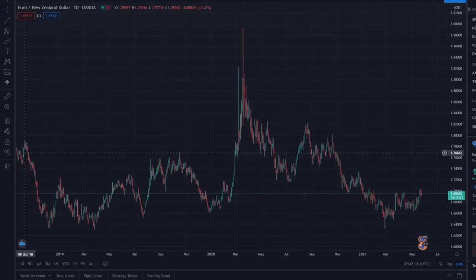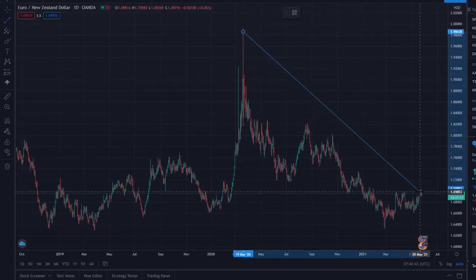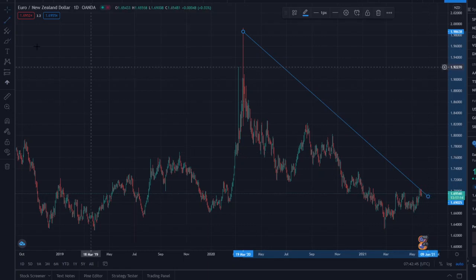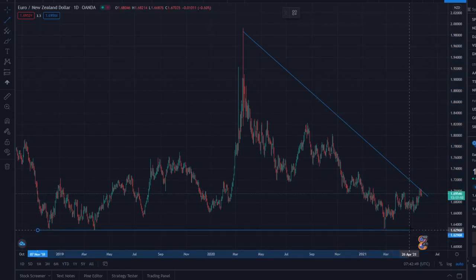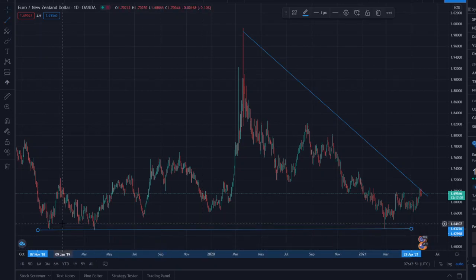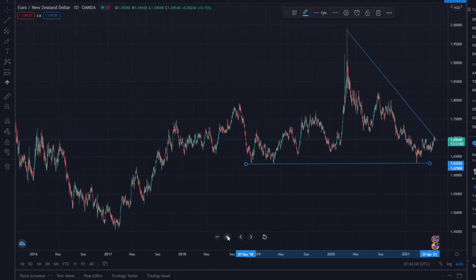Now, we've been on this downtrend ever since March last year, and we hit the previous lows that we formed back in 2018, and we found support there.